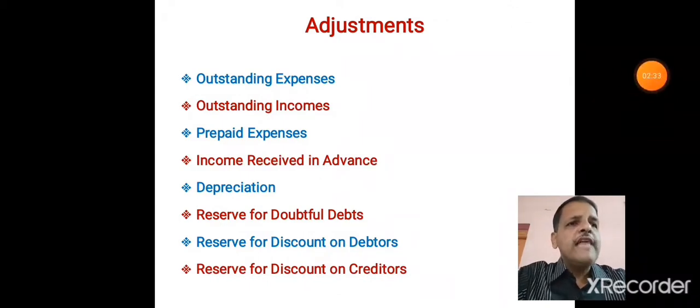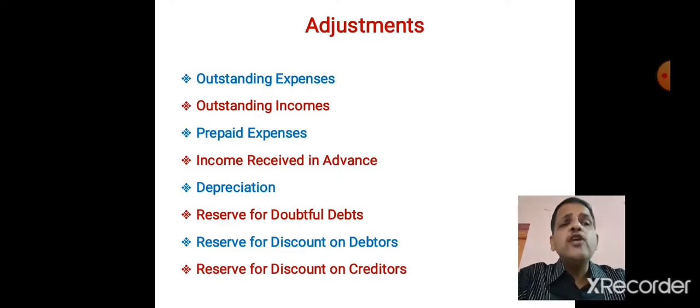The first adjustment is about outstanding expenses. Now, when we have taken benefit, we have employed some workers but yet we have not paid their wages, we can say it is outstanding wages. Like that, such an expense is known as outstanding expense, which is also known as unpaid expense.